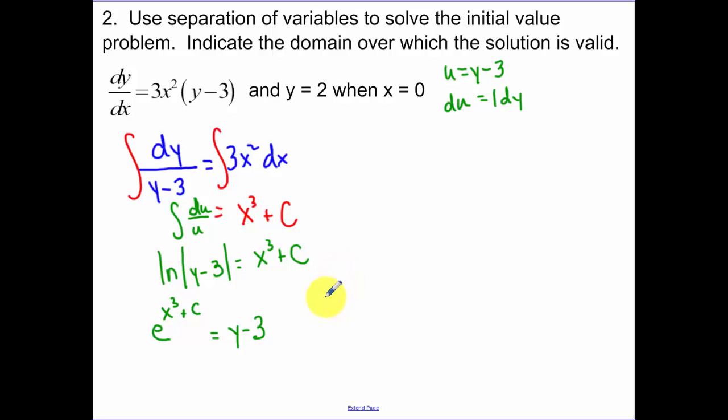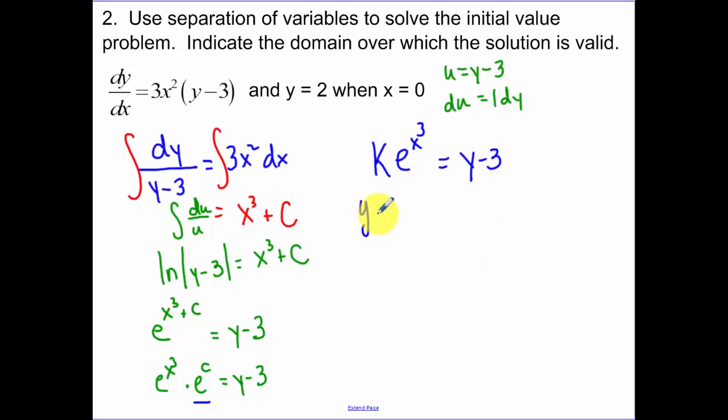Now here's the tricky part. e to the x to the third plus c: when you're adding exponents, that's like multiplying. So really, this is going to become e to the x cubed times e to the c. I'm going to make that some new constant k. You can make a new constant c, but that's just some number. I don't even know what it is.